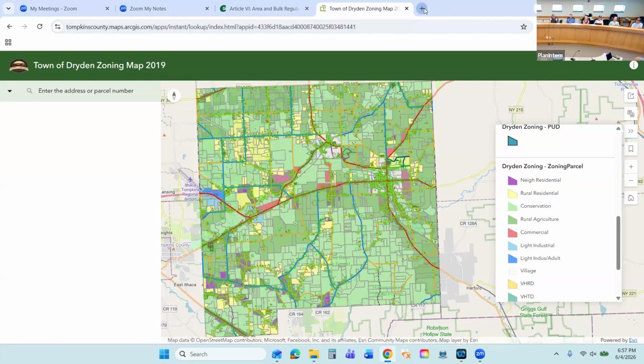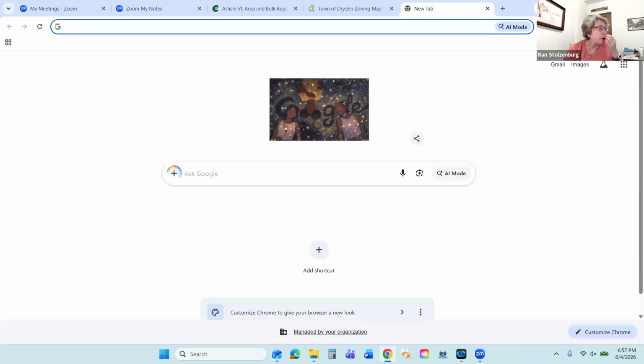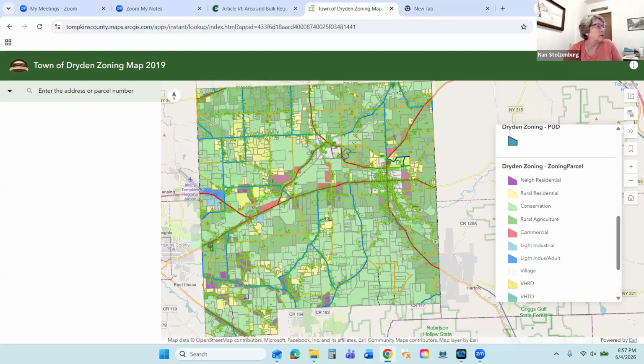Go ahead, Nan. The question that was asked about the 50% of the land, the language that's in here, I'd have to go back to an earlier version. I think this got changed along the way. Usually we just say 50% of the acreage of the parcel is preserved, and this is of the parent parcel.